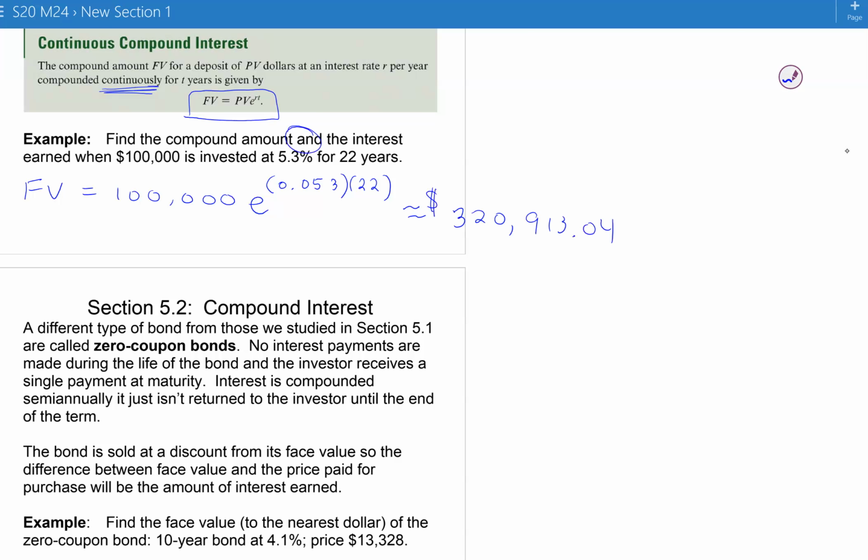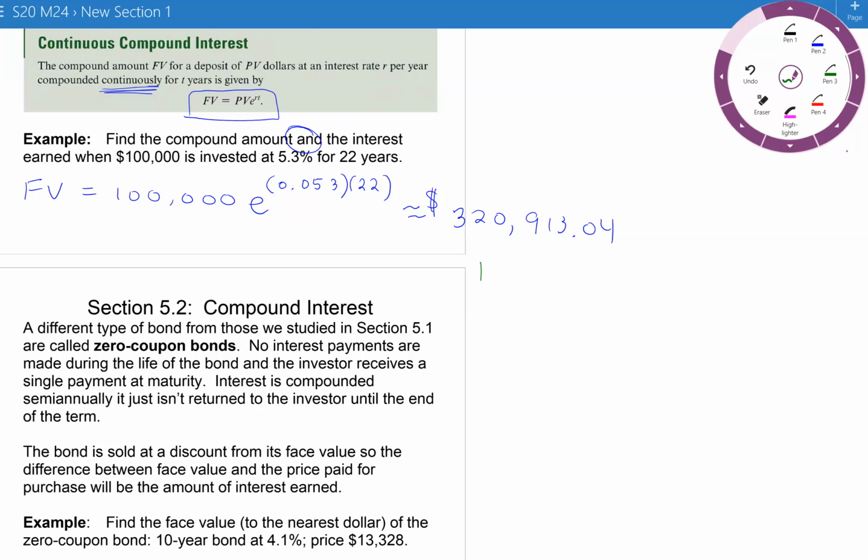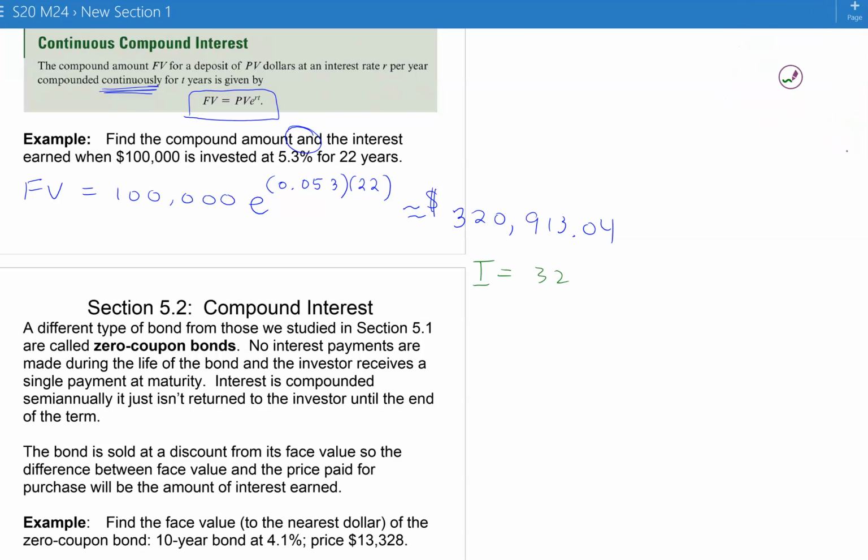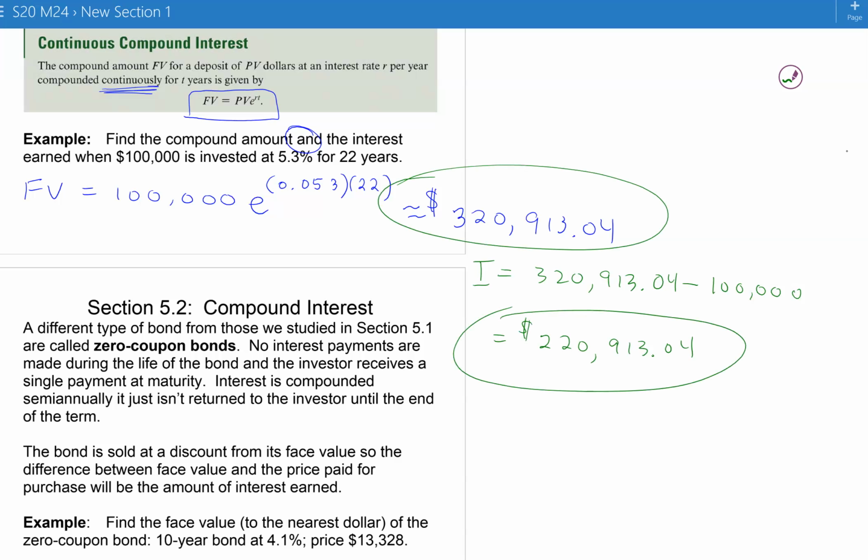And then we're asked to figure out the interest. So that's going to be the $320,913.04 minus the $100,000, or $220,913.04. That's a boatload of interest.